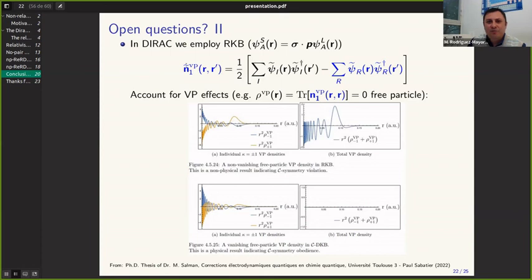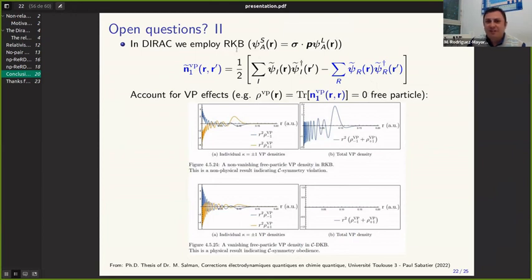And we can rewrite the expression for the vacuum polarization 1RDM in terms of the current basis as the difference between the positive energy states minus the negative energy states. For the case of the free particle, the density that comes out of this vacuum polarization 1RDM should cancel because the states are the same for positive and negative energy states.